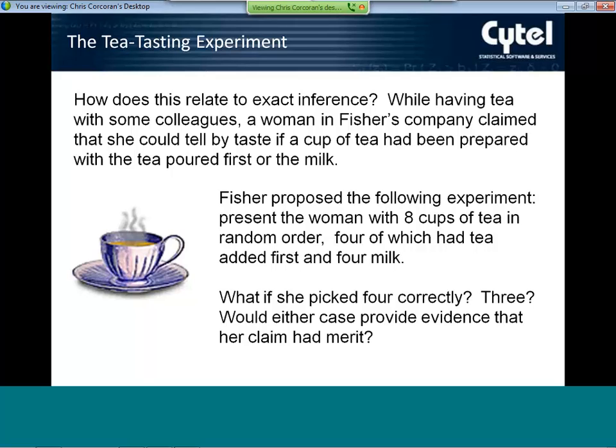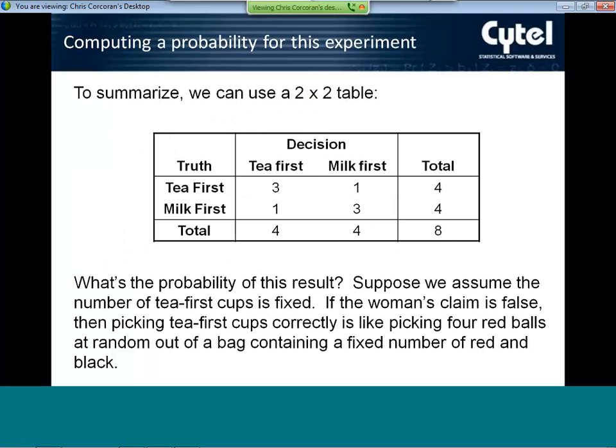Would that provide evidence? Well, it's easy to compute a probability for this using that hypergeometric distribution that we talked about, by organizing the data in a 2-by-2 table. And this table that you see on this slide is just one hypothetical outcome of this experiment, where she correctly guesses 3 out of the 4 tea first cups.